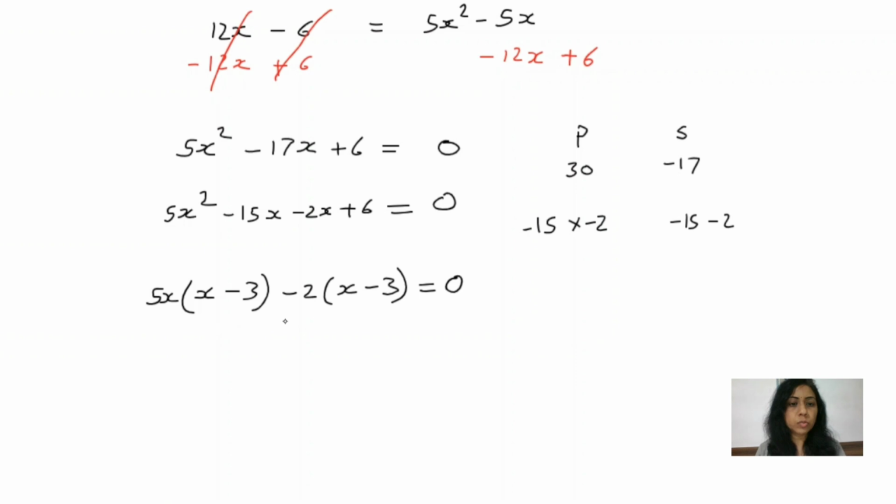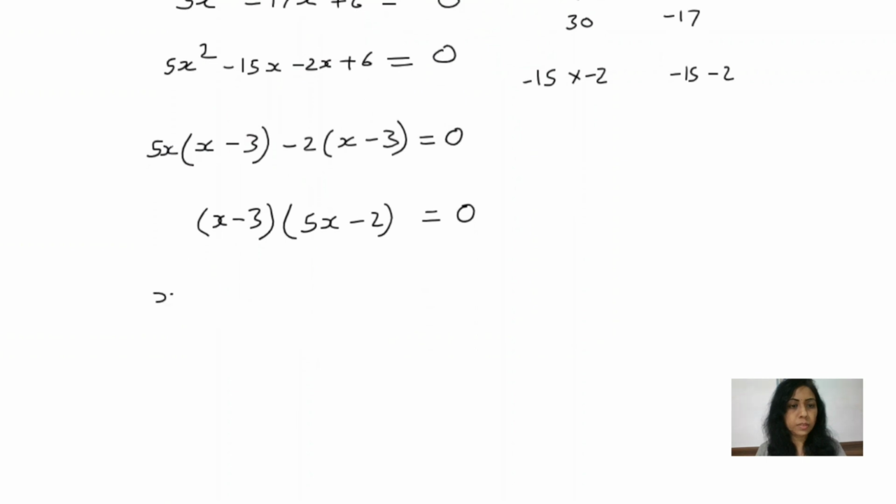Now two terms, this one and this one, and we can easily take common x minus 3. Here left 5x, here left minus 2, is equal to 0. Now x minus 3 is equal to 0, or 5x minus 2 is equal to 0.